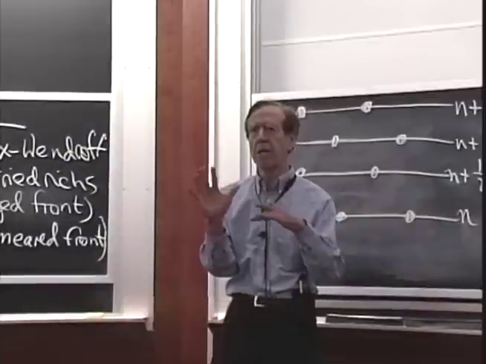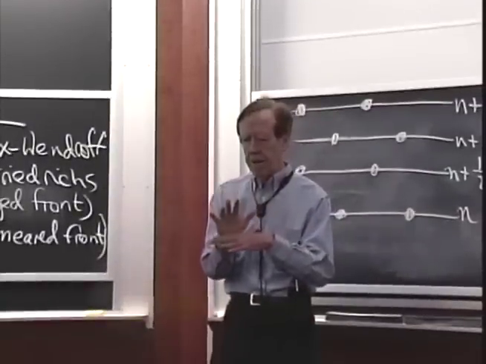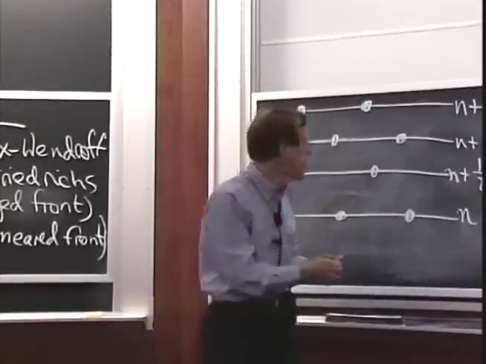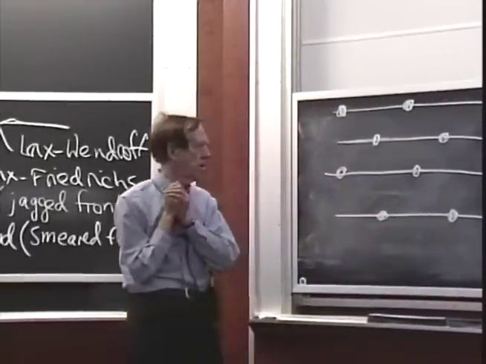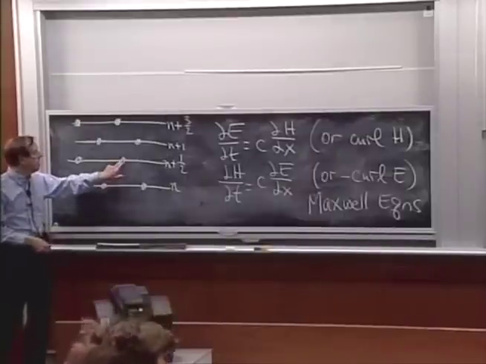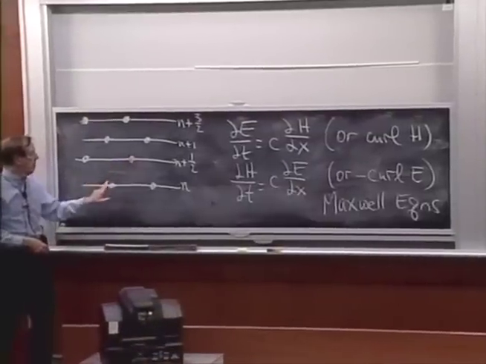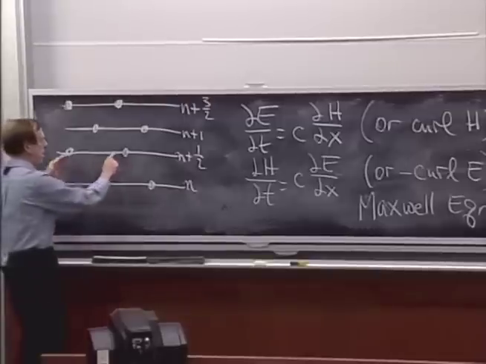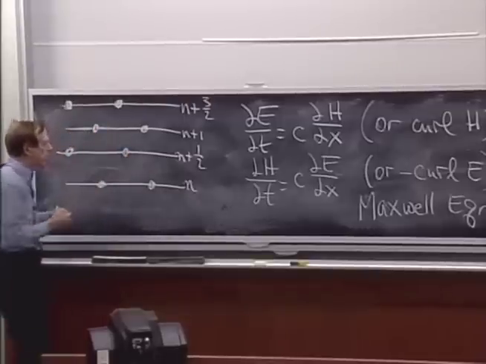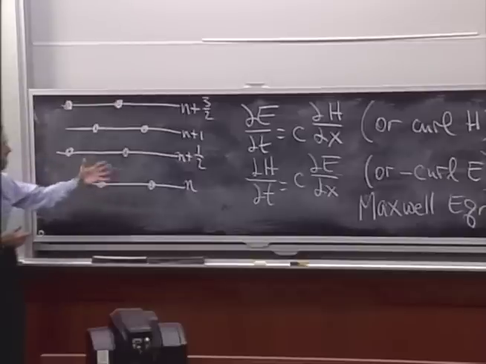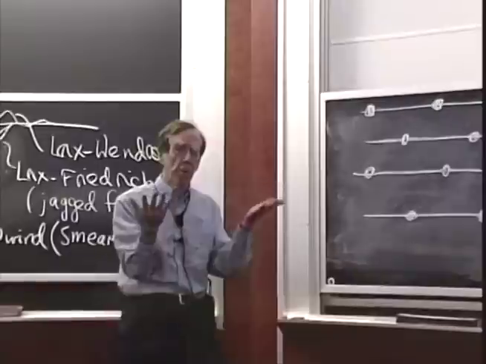Somehow Lax-Friedrichs operates on a staggered grid. I've drawn a staggered grid here so I can say what I mean. Lax-Friedrichs computes this value from the two earlier values there, and then at the next level again and so forth, so that actually Lax-Friedrichs only is using two staggered grids separately.